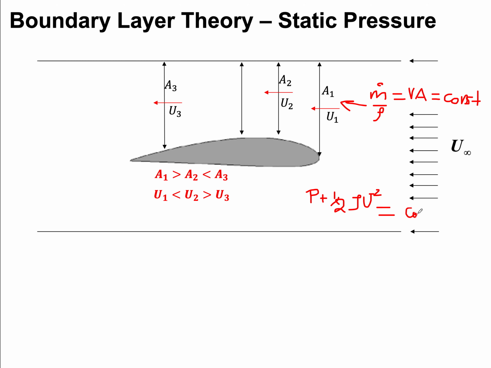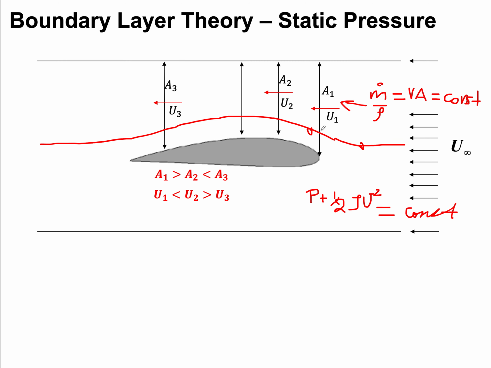So if I take this type of streamline here, close enough to the surface of the airfoil, but not too close to the boundary layer, then if along that streamline these two quantities, the static pressure and the dynamic head, when you sum them up, are constant, then they're constant here and here and here.